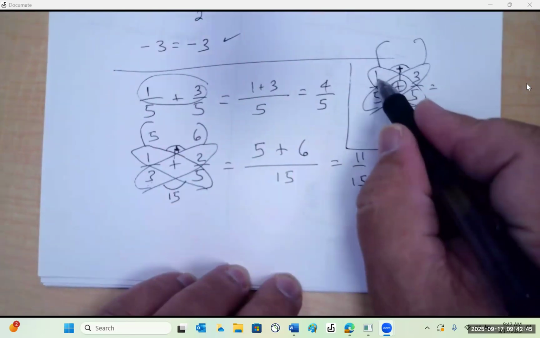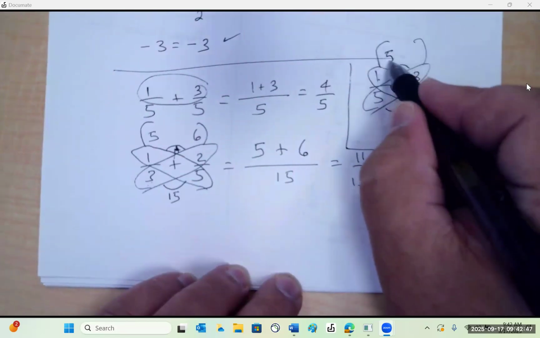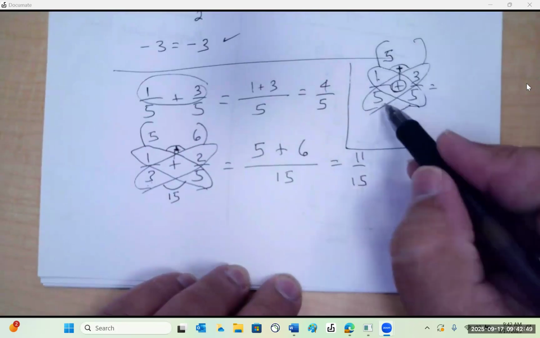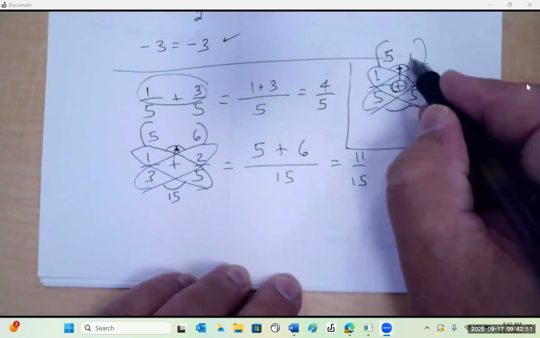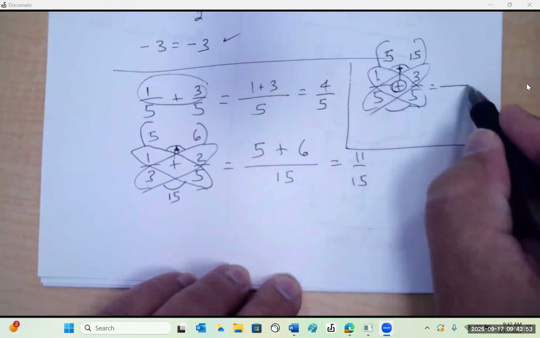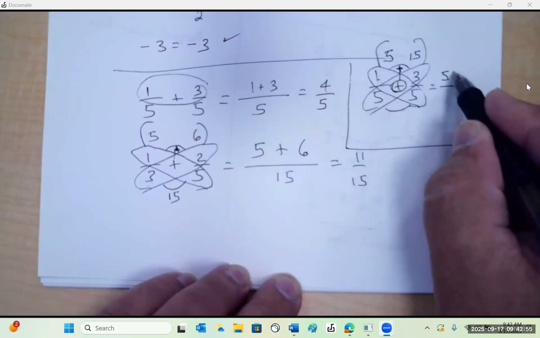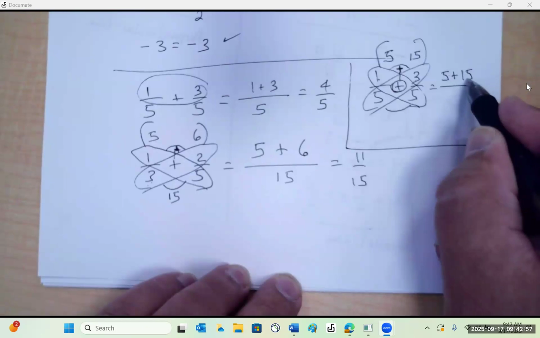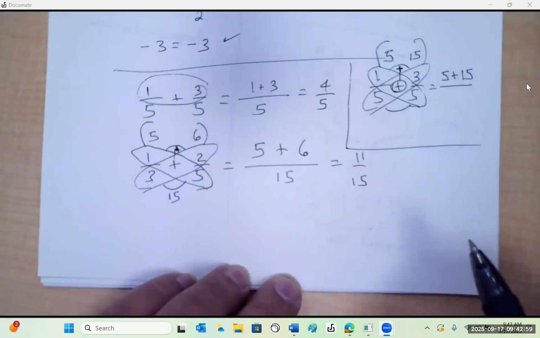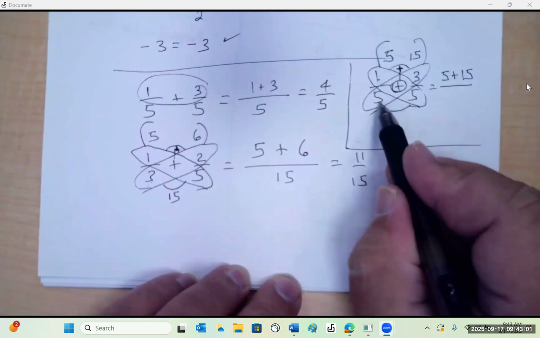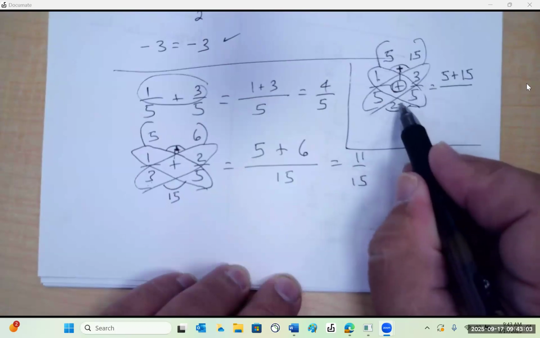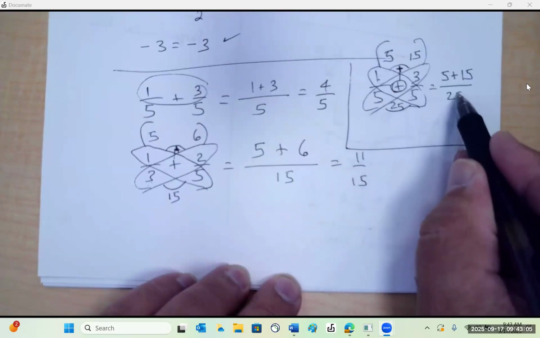Five times 1 is 5. 5 times 3 is 15. So on top, we have 5 plus 15. On the bottom, 5 times 5 is 25. So we have 25 on the bottom.